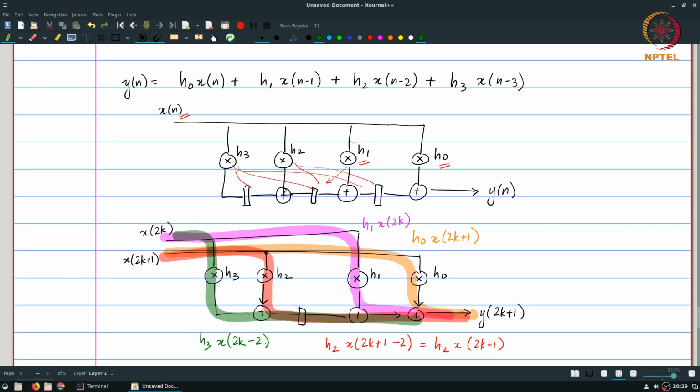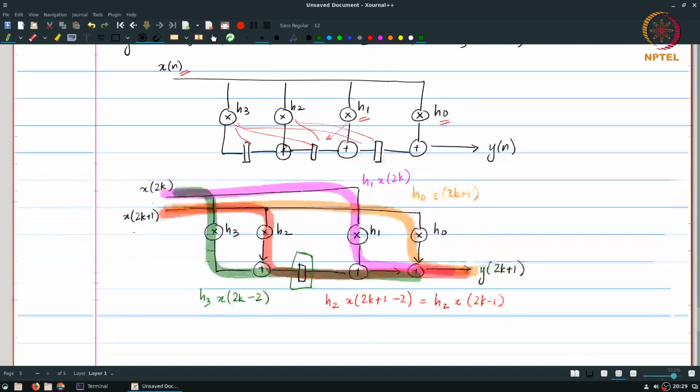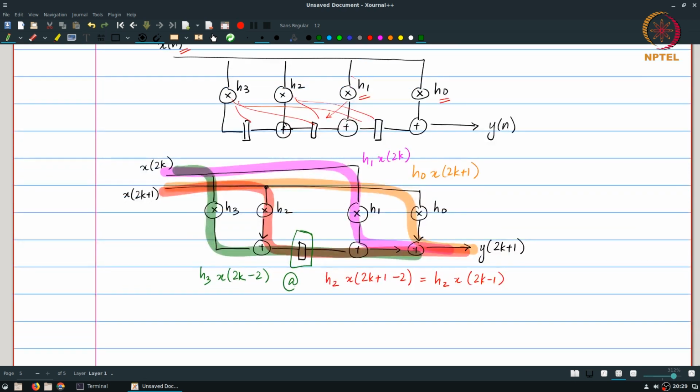Now, how did we obtain this? Notice that this delay element is the only delay element that we are using in this particular path. But since it is working at a reduced sampling period of 2t, a single delay element effectively creates a 2 sample delay on the original input stream.